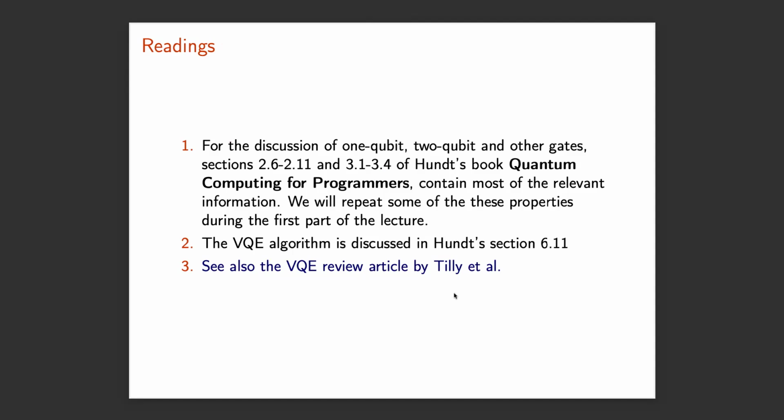There is a review by Tilly et al., which is the one I've snatched some images from, and I normally recommend taking a look at that. So this is the essential tool for solving many-body type of problems on a quantum computer nowadays.